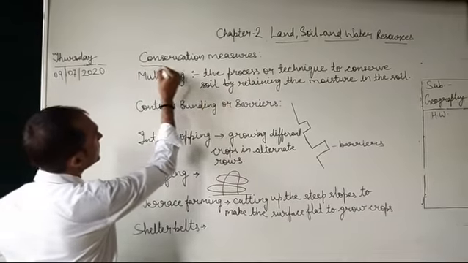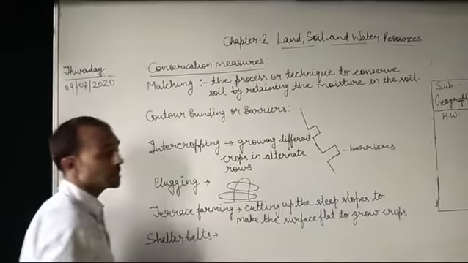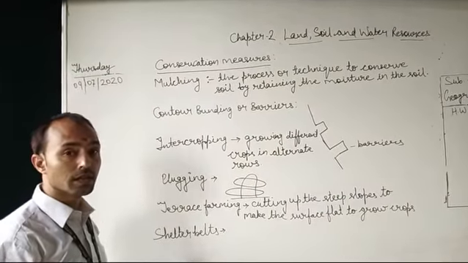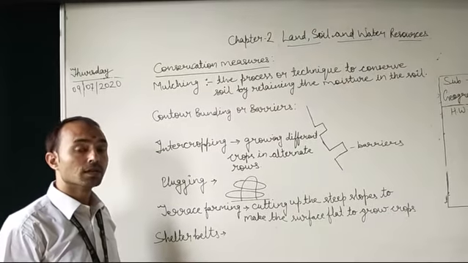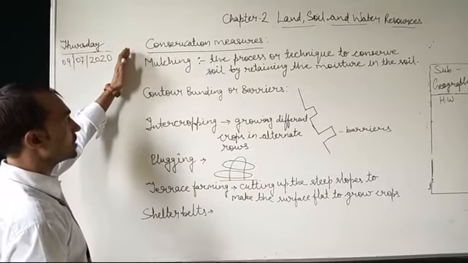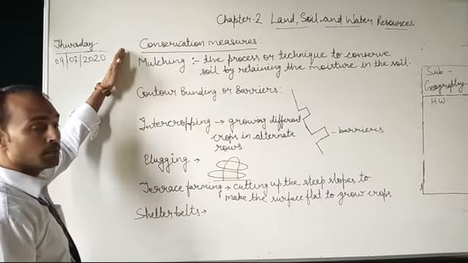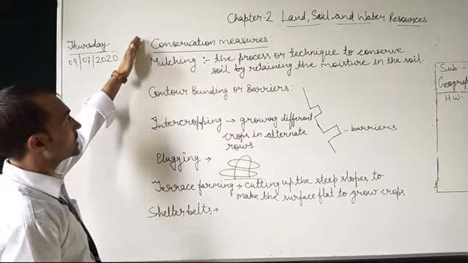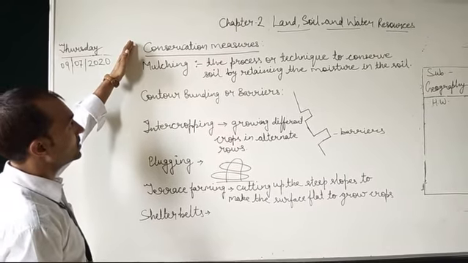Now let's learn conservation measures. As I told you, there are different factors responsible for soil degradation. So to conserve the soil in a proper manner, there are conservation measures.